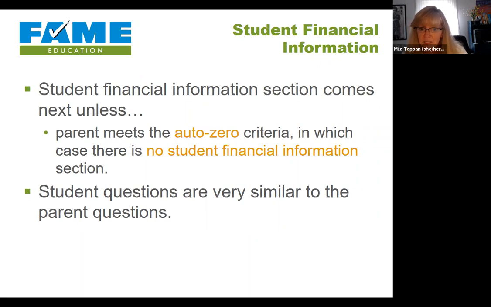But there are times when you will not even see that section, because families that are eligible for that simplified pathway and earn under $27,000 a year are going to be able to skip those questions. We want them to skip those questions, and those students are automatically going to have a 0 EFC.